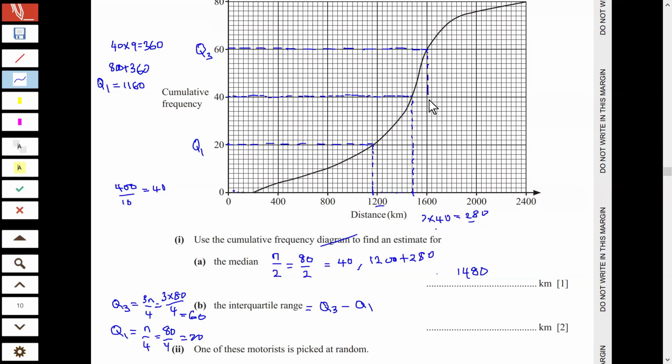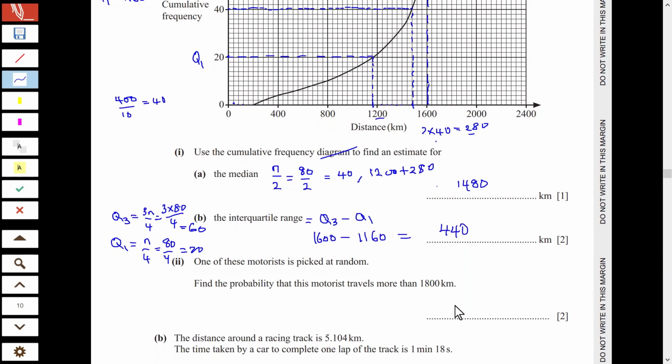So we trace it like this down. 1,600. So here we've got Q3 is 1,600 minus Q1, 1,160. That should give us 440 kilometers as the interquartile range.